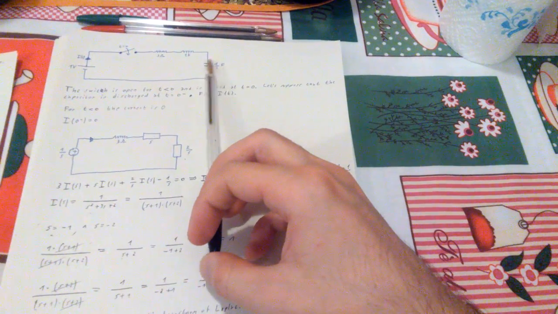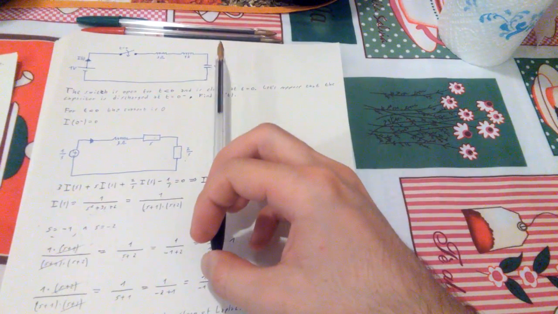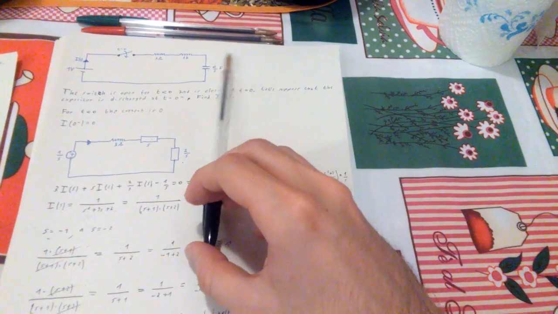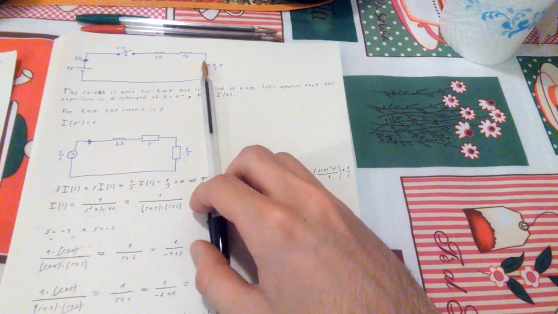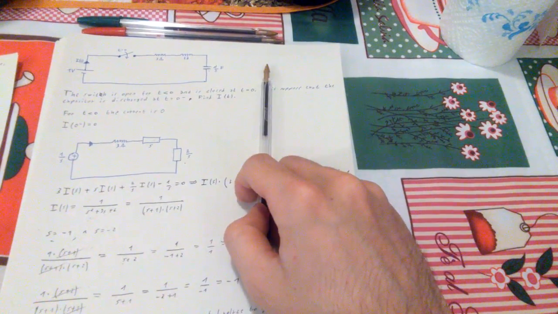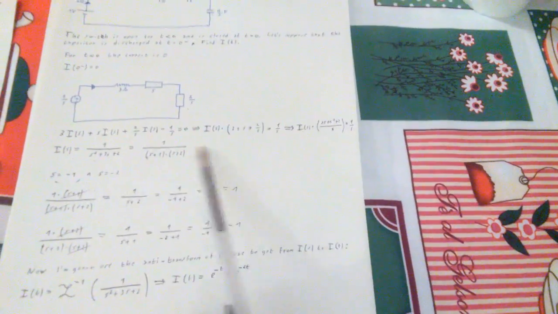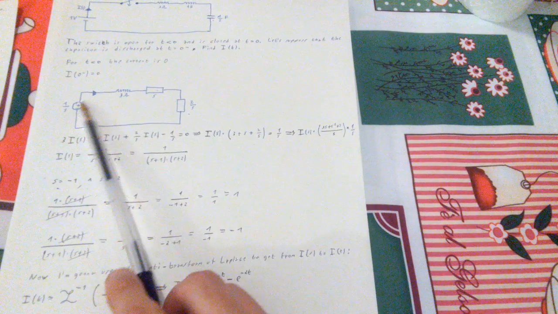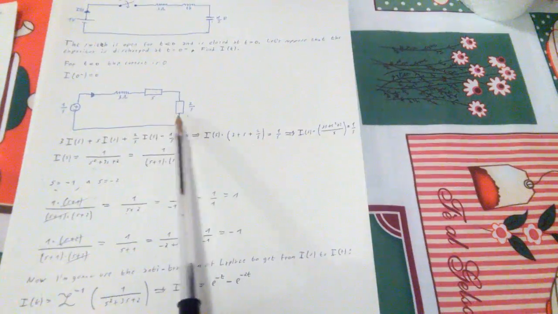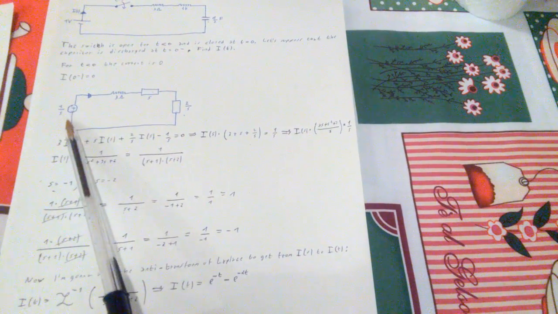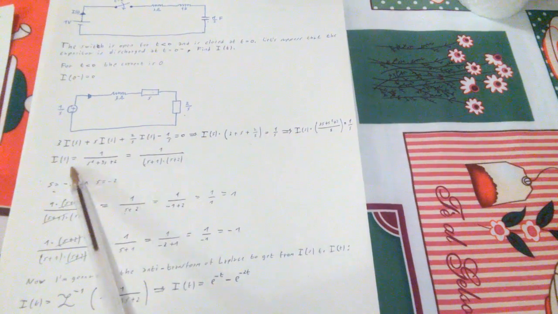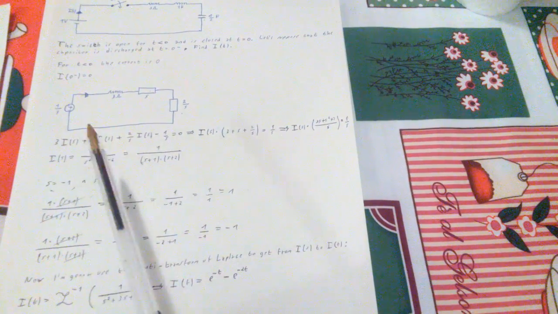If it was charged, then it would have been a resistance plus a difference of potential, basically a power source, because it would have been acting like a power source. But that's not the case. So then we basically said that all these together are going to be equal to 0, and we subtracted the generator, of course. We found I of s.